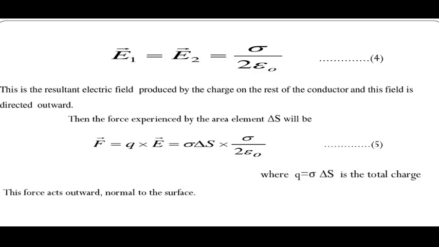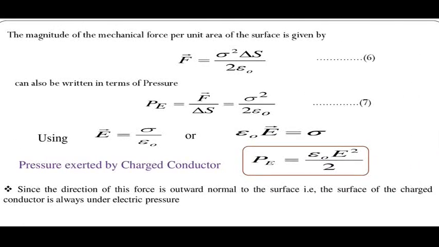Now if we take delta S to the left hand side below the force, this will become a pressure. So the magnitude of the mechanical force per unit area, or the pressure, is sigma square upon 2 epsilon naught, as given in equation number 7.